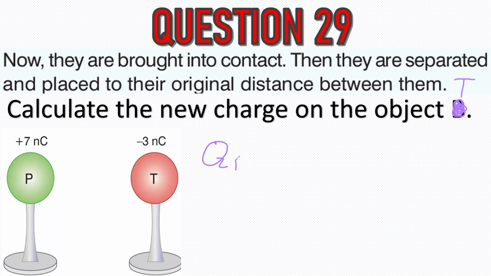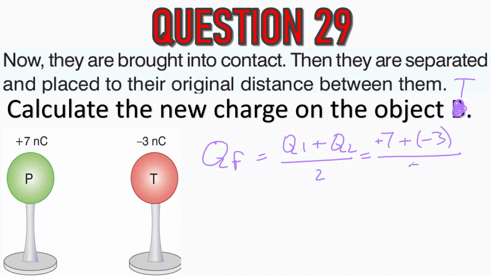Okay, Q final equals Q1 plus Q2 over 2. What we have, Q1 is plus 7, and then plus minus 3, and divide by 2. Q final is equal to plus 7 minus 3, plus minus getting minus, so getting plus 4 over 2, getting 2 nanocoulombs.